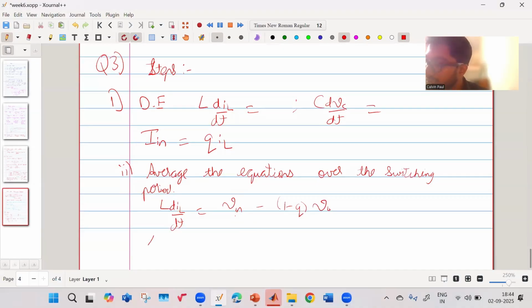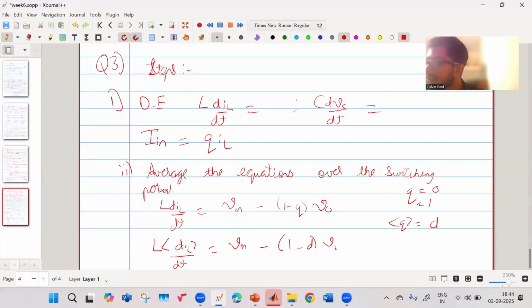When you average it out, basically you're replacing your Q with D, because Q can either be 0 or 1, depending on the mode. But when you average it over a time period, your average of Q actually is D. So you're getting the average value. Similarly, you're getting the average value of V output and V input also.